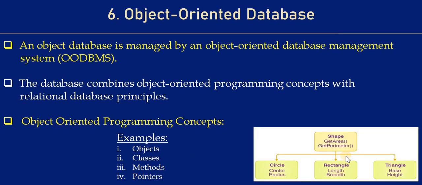Here we can see a diagram for object-oriented database. Here we have a shape with properties like get area and get perimeter. Coming to the circle, we have center and radius. Rectangle has length and breadth. We have a triangle with a base and height. So basically, the object-oriented database is managed by an object-oriented database management system.